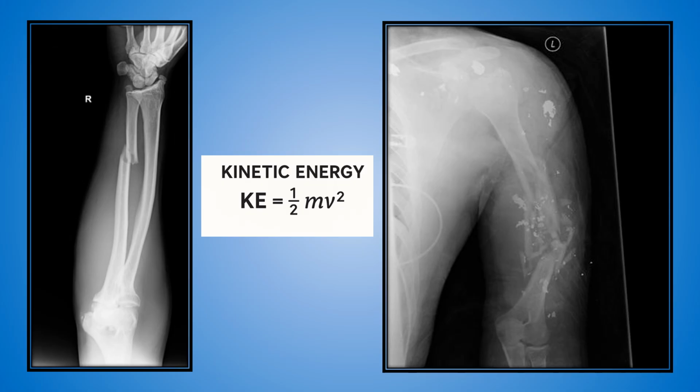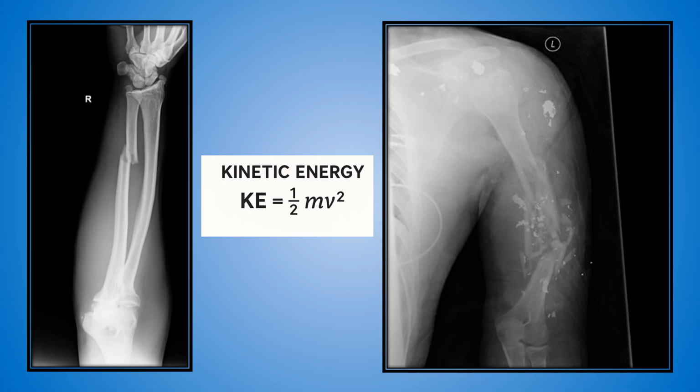The kinetic energy is equal to half times the mass times the velocity squared. So the main determinant of the kinetic energy is the velocity of the incriminating object. For the X-ray on the left side, the simple fracture of the ulna, it is due to a stick held in the hand of somebody who hit the victim.